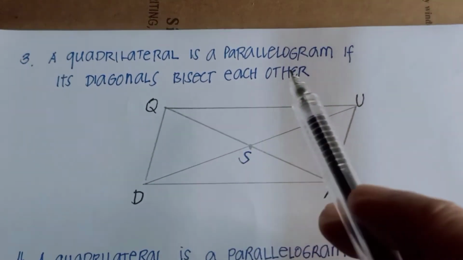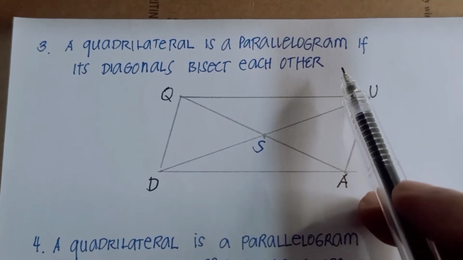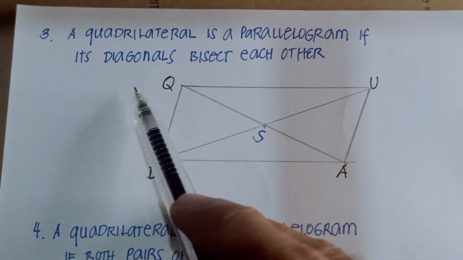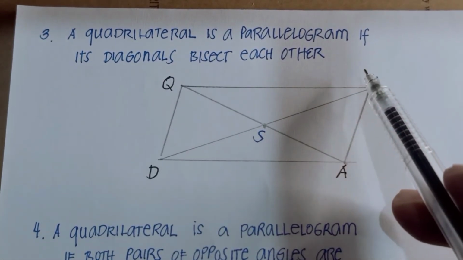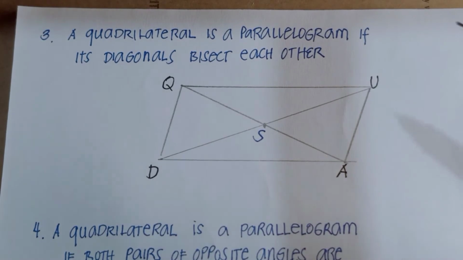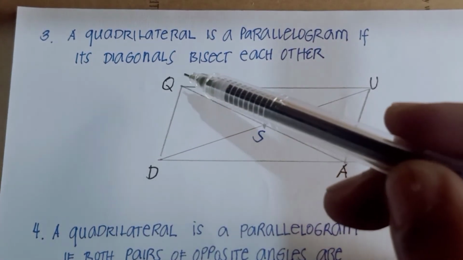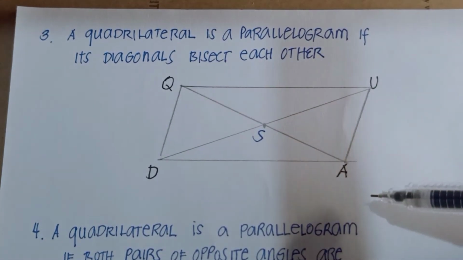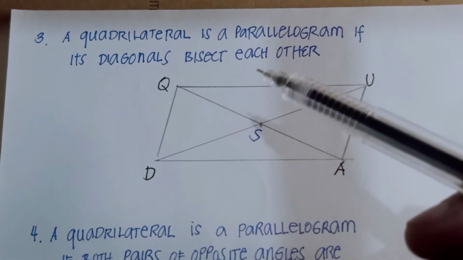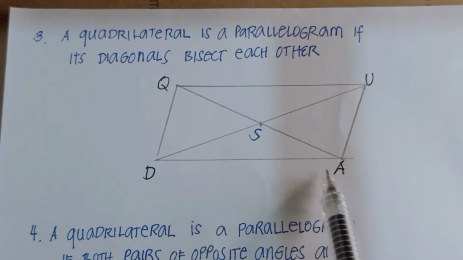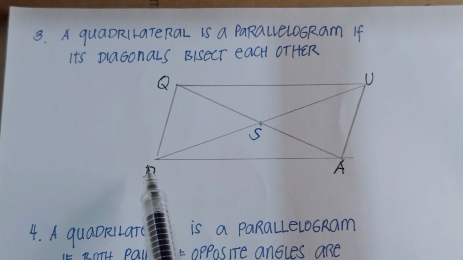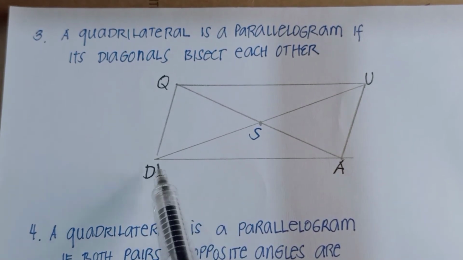Quadrilateral is a parallelogram if its diagonal bisect each other. Consider this quadrilateral here. QUAD is a quadrilateral. So, meron tayong diagonal na QA at meron tayong diagonal na DU.